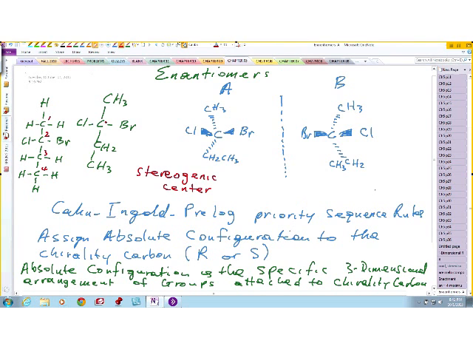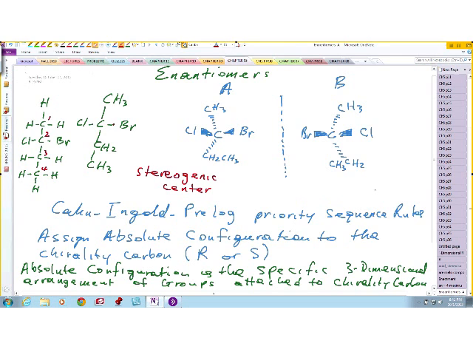You take a look at the chirality carbon, and you assign priority. I do it slightly differently from your book. Your book says 1, 2, 3, 4. I use A, B, C, D. You assign priority from A to B to C to D to those groups or atoms attached to the chirality carbon based on atomic number.